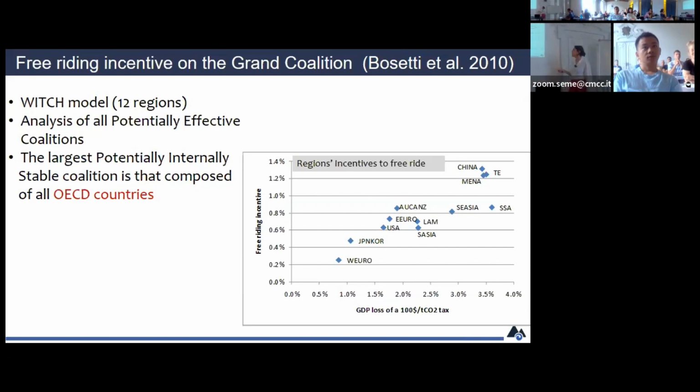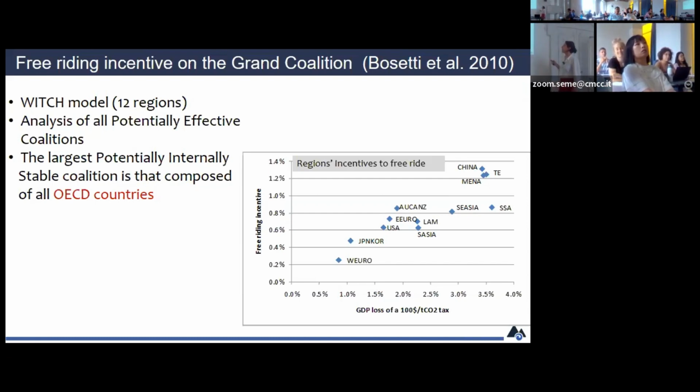And so what you have here is simply an analysis which will never be published, which cost us, I don't know how many nights. It was for the OECD. It's an OECD report, which will never be published, where we study all possible coalitions, internally and externally stable, which means we had to run them one by one. It took so much computing power, because 15 years ago, we did run in parallel, but it wasn't like you could do it on your laptop.